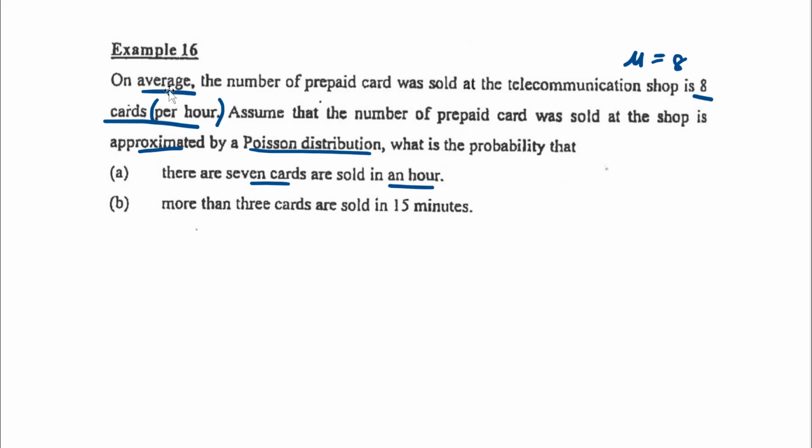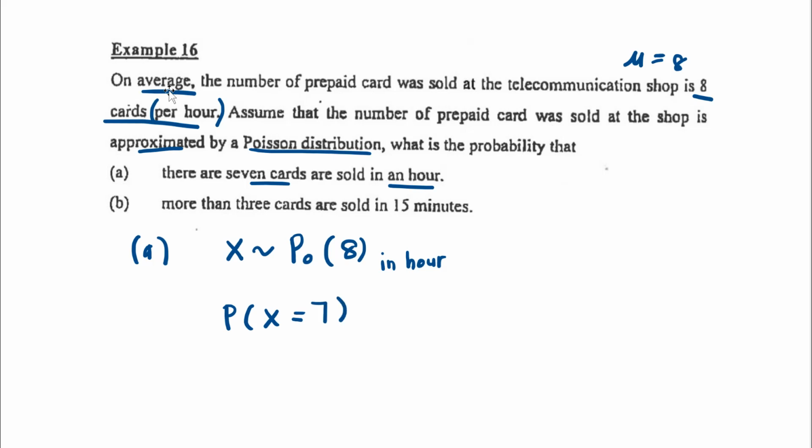Now we have to use the Poisson approximation. Because the question already asked, that means we have Poisson, and the mu is 8, in hour, because the unit of measurement is given in hour, and the question also asks in hour. So what is the probability that there are 7?